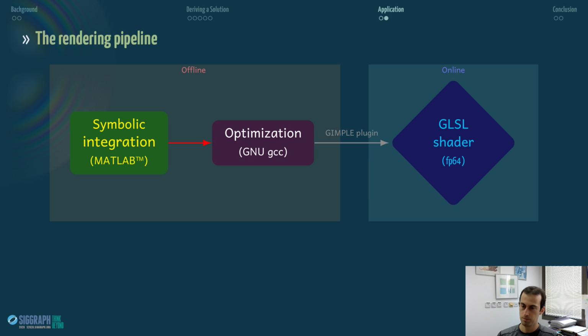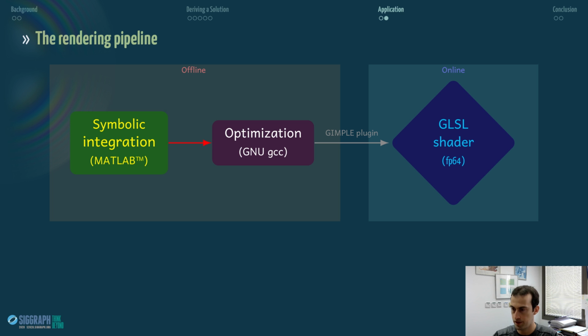Instead, let me briefly present the rendering pipeline. Every rendering in the paper was done on the GPU at double precision to maintain numerical stability. First, all the discussed mathematics are done offline symbolically with the help of the MATLAB API.